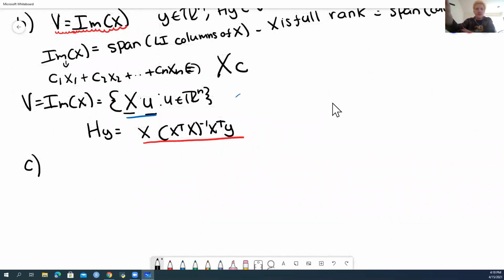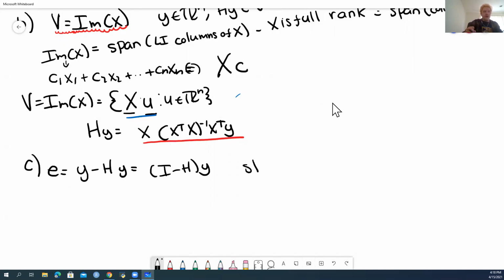Cool. The next one asks you to consider the error vector, E, which is equal to y minus hy, also written as I minus h times y. It wants you to show that E is in the orthogonal complement of V, and it says to just use the fact that this is equal to the kernel of X transpose.